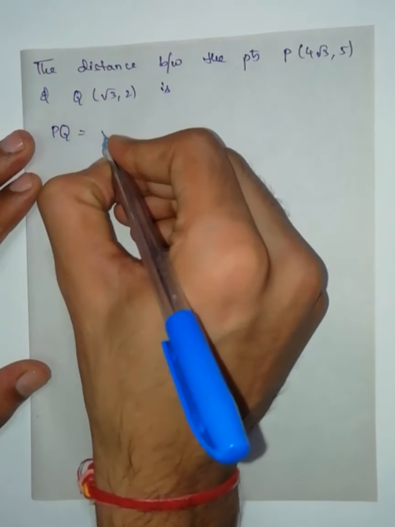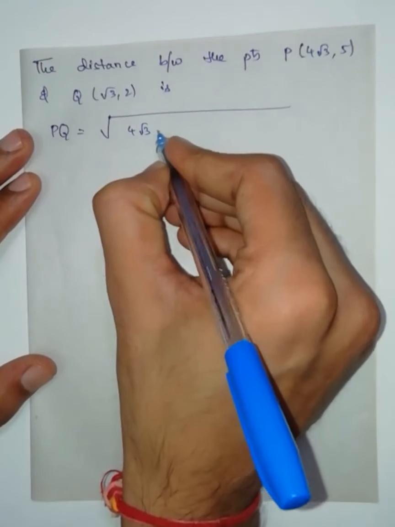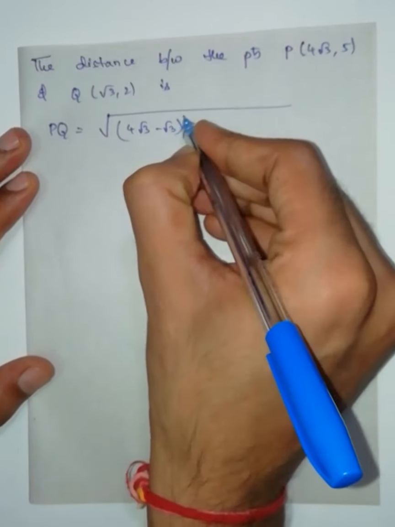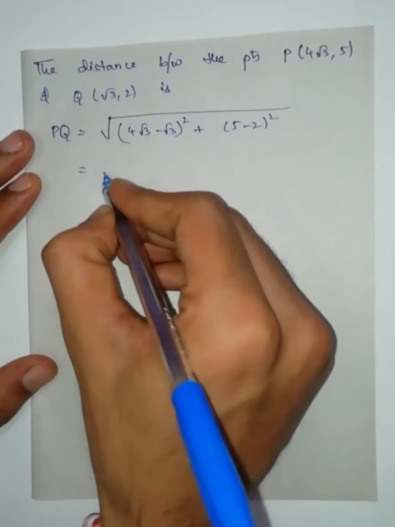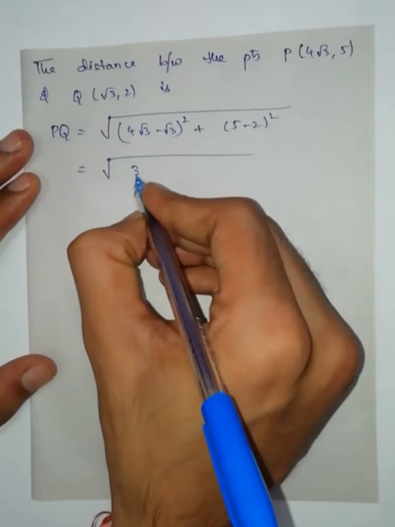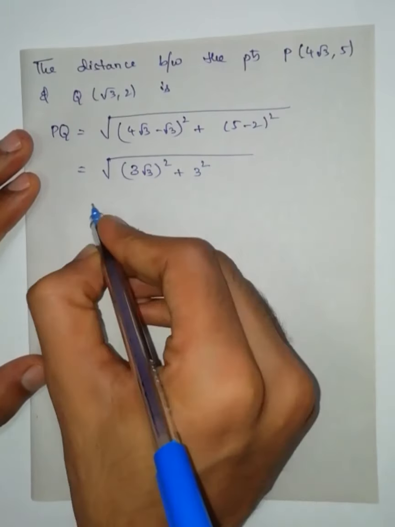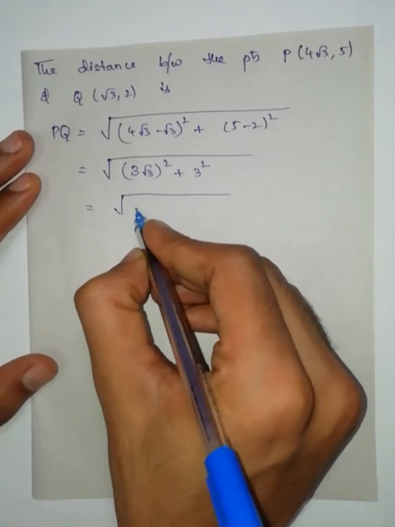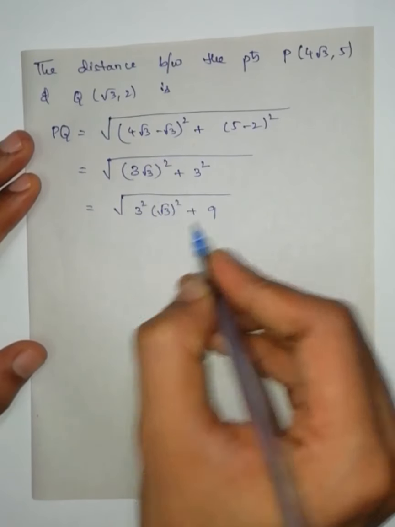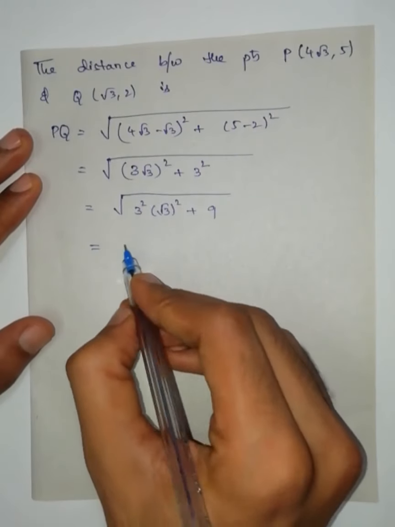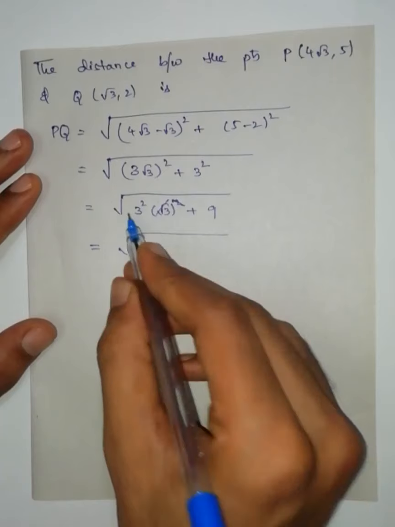PQ is equal to under root x2 minus x1, that is 4 root 3 minus root 3 whole square plus 5 minus 2 whole square, nothing but under root 3 root 3 whole square plus 3 square, nothing but 3 square into root 3 square plus 9. Square and under root get cancelled.